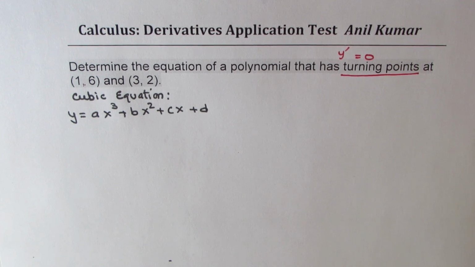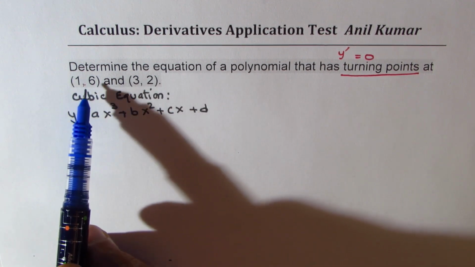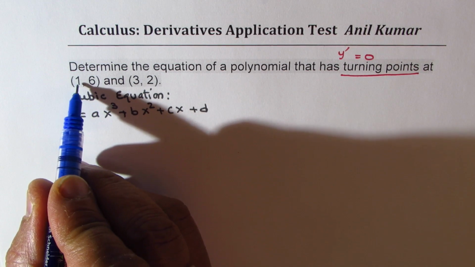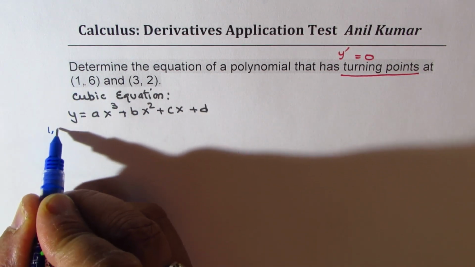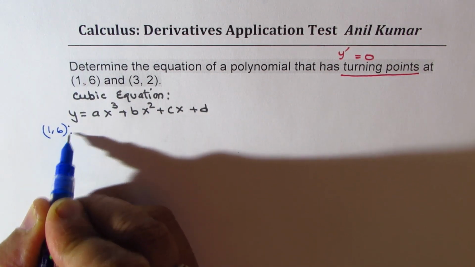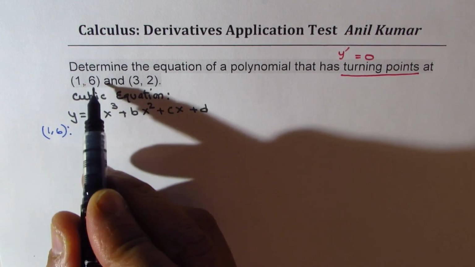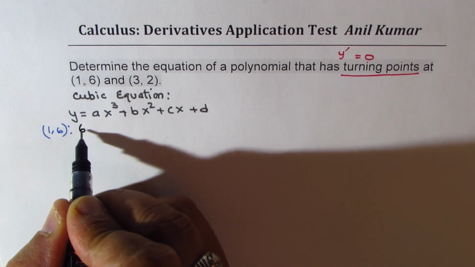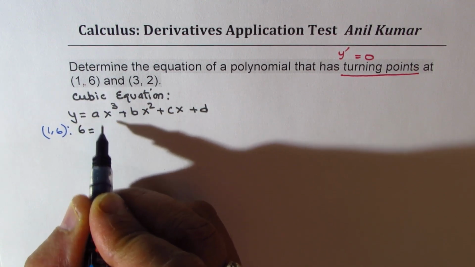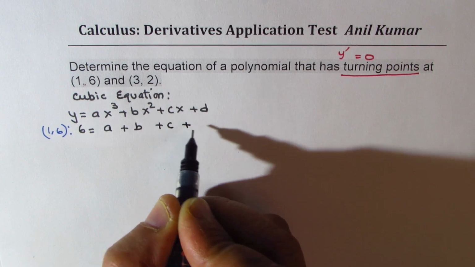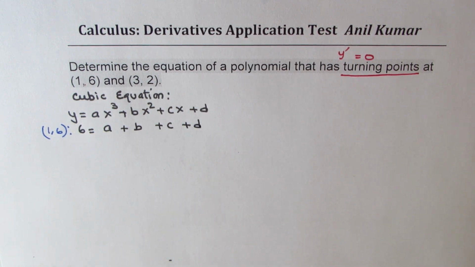So let's begin by writing the first 2 equations by using these 2 points. If I substitute 1 and 6, what do I get? Y value being 6, x being 1, we get a plus b plus c plus d, right? So we get one of our equations.